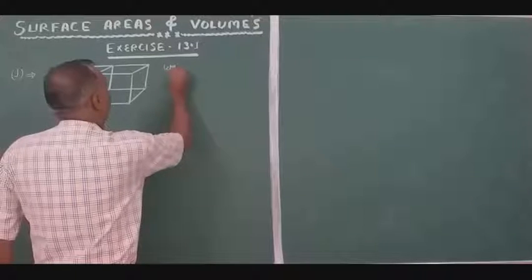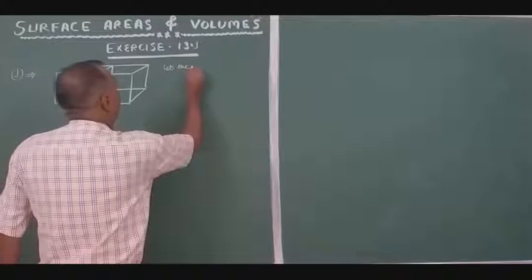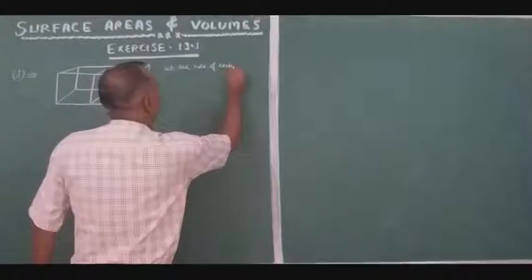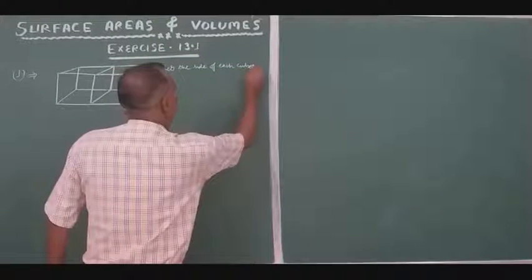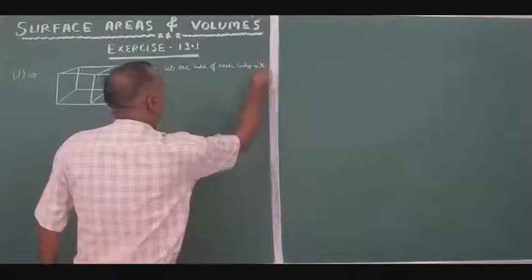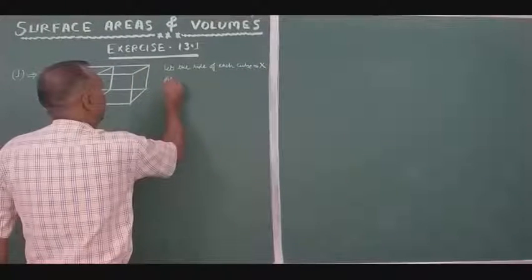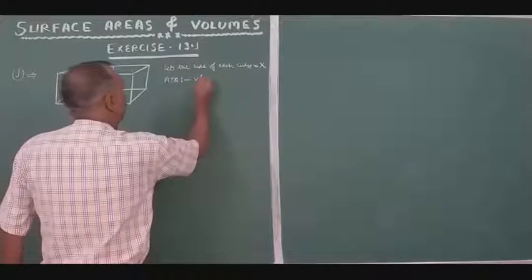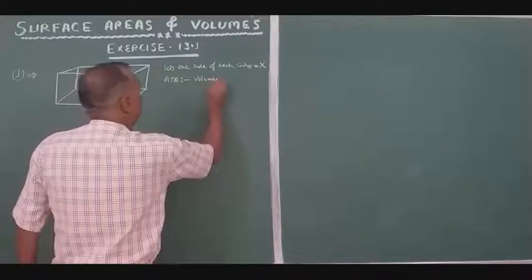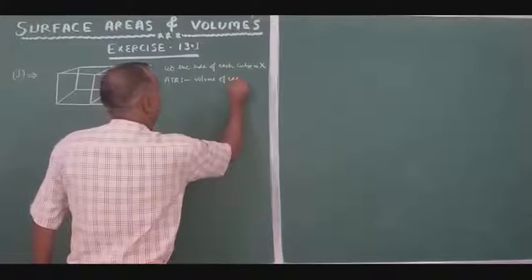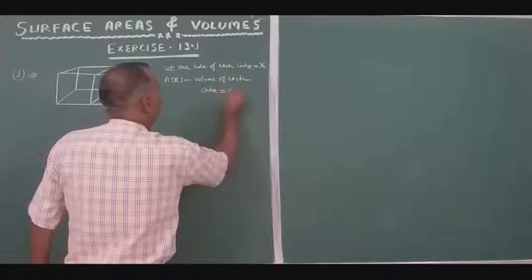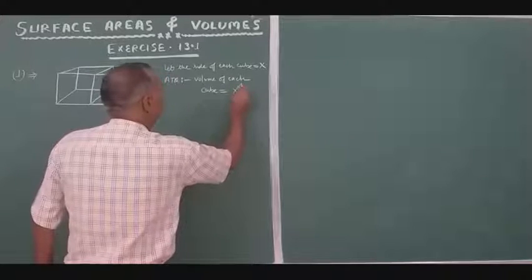Let the side of each cube be equal to x. According to the question, their volumes are given. Volume of each cube is given by side cube, x cube.